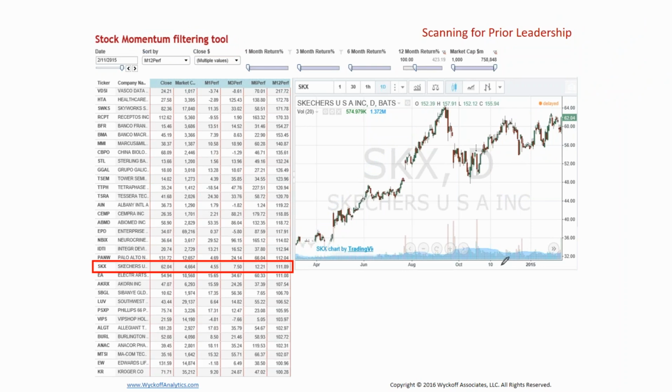So how to identify that type of outperformance? Well, basically what I'm saying here is in the last 12 months, give me all of the stocks that are giving me more than 100% return. And I want to look at all of them.